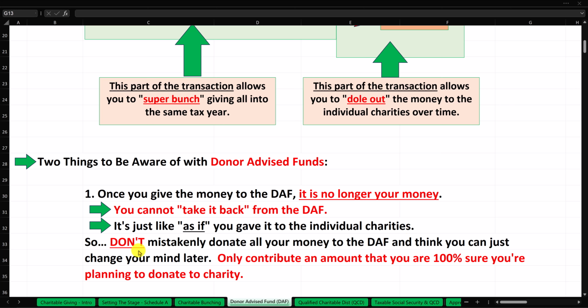Okay, so do not mistakenly donate all of your money to the donor advised fund and think, I can just change my mind later. No. We don't want to do that. Only contribute an amount that you are 100% sure you're planning to ultimately donate to the final recipient charities.